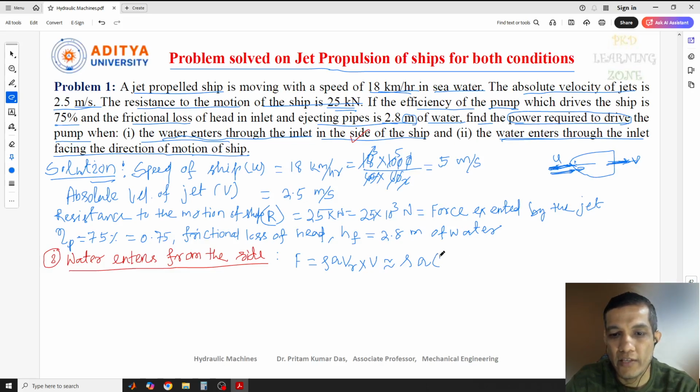So in place of VR, I can write V plus U, the jet velocity plus the velocity of the ship, into V. So this is the formula.